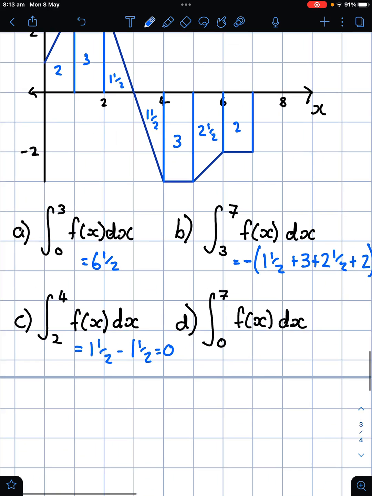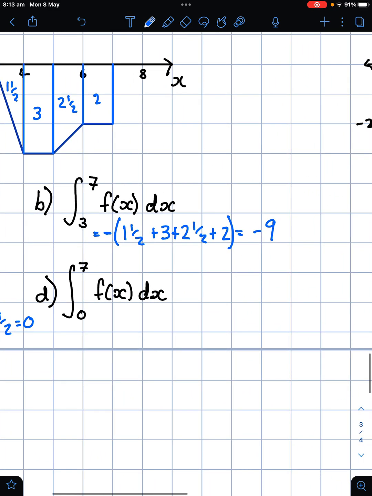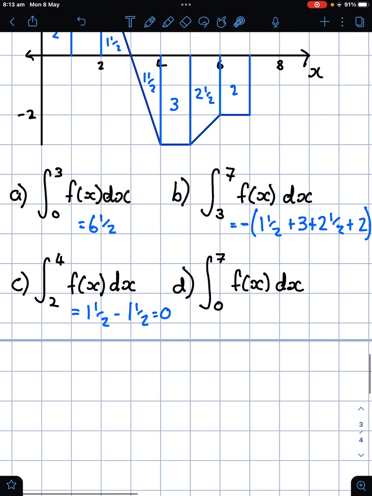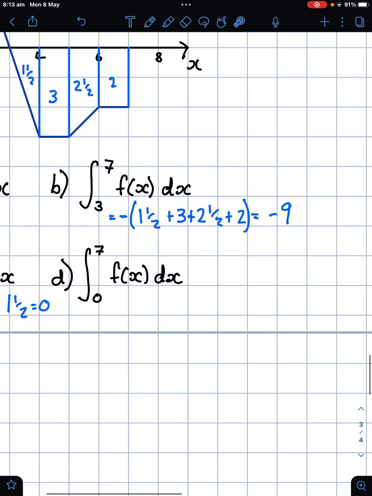And then this next one, 0 to 7, we would be looking at these two integrals here. This is our positive area, this is our negative area.